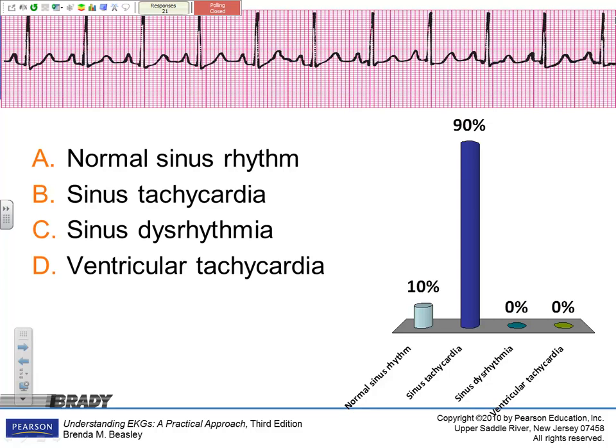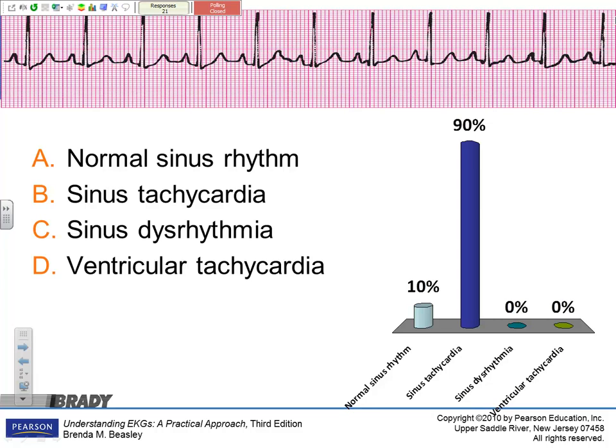I'm going to tell you one thing right now, because when you get to your last semester and we start going through strip analysis, one of the biggest mistakes I see students make is they forget that a tight QRS is above the ventricles. If it's a wide QRS, where this little thing is really wide, then it's going to be a ventricular rhythm.